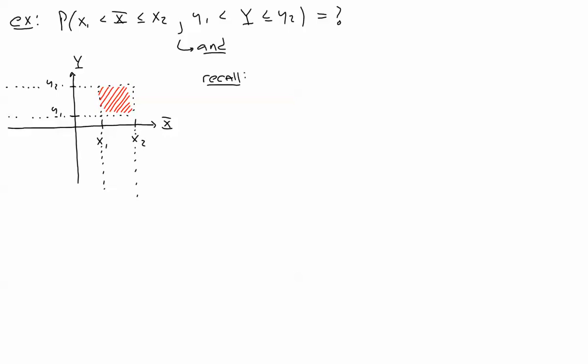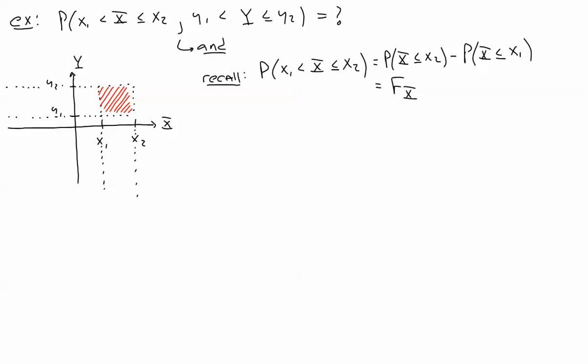All right. So recall back when we talked about single random variables. The probability that x fell within the range x1 to x2 is the probability that x is less than or equal to x2 minus the probability that x is less than or equal to x1, and that is the cumulative distribution function evaluated at x2 minus the cumulative distribution function evaluated at x1.